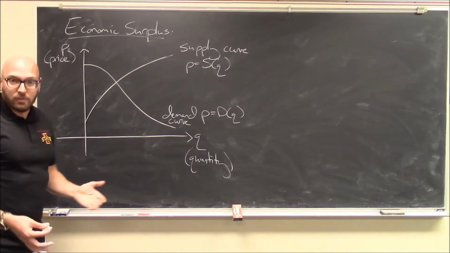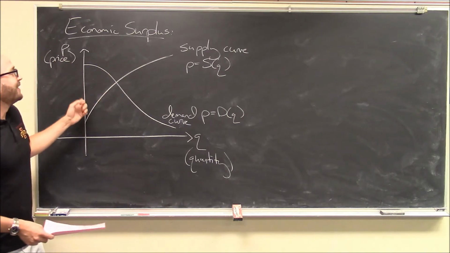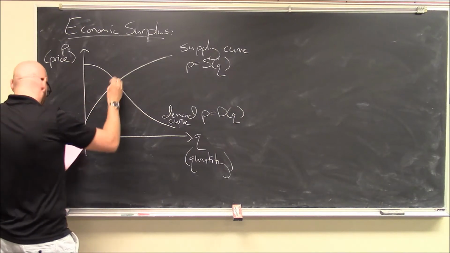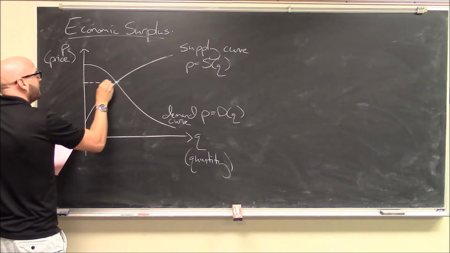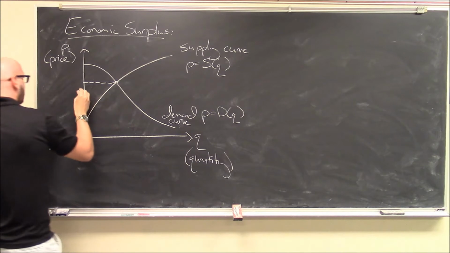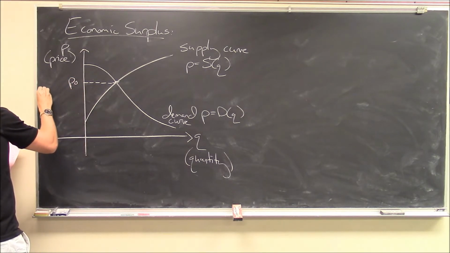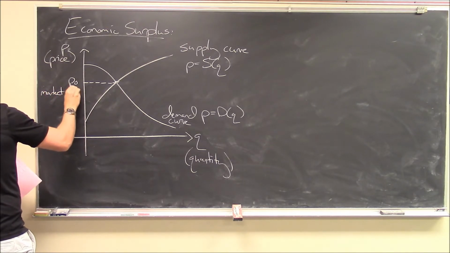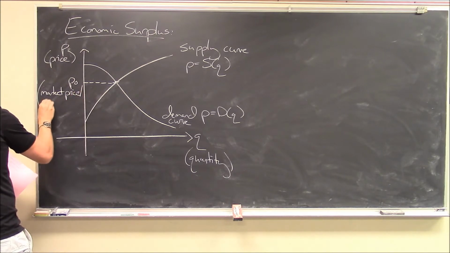So what's the market price? Well, if you know anything about economics at all, you know that's when supply equals demand. So this point right here, this value, the price over here, that I'll call P naught, that's going to be the market price. Or sometimes called the equilibrium price.